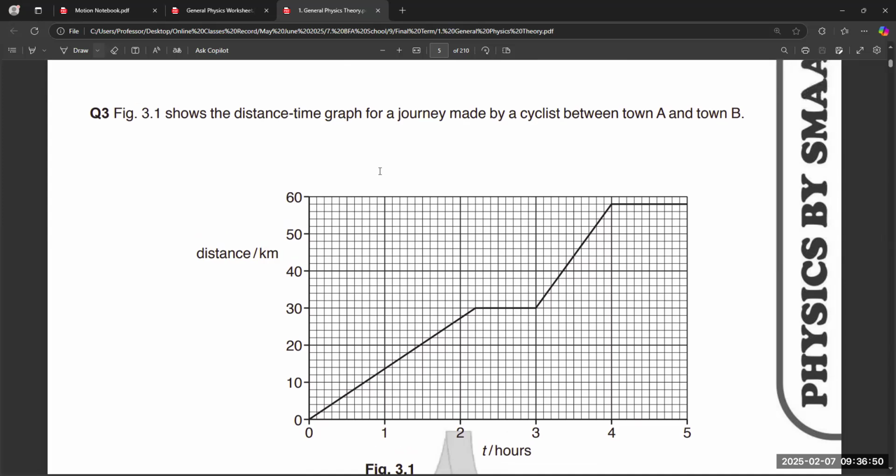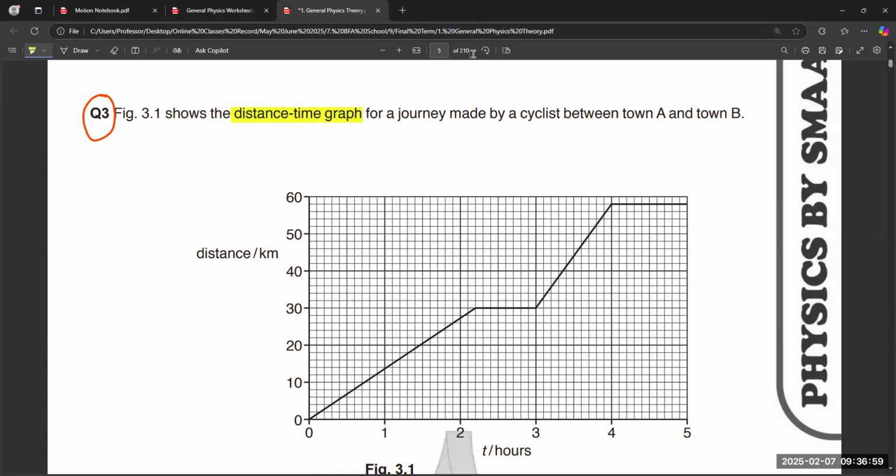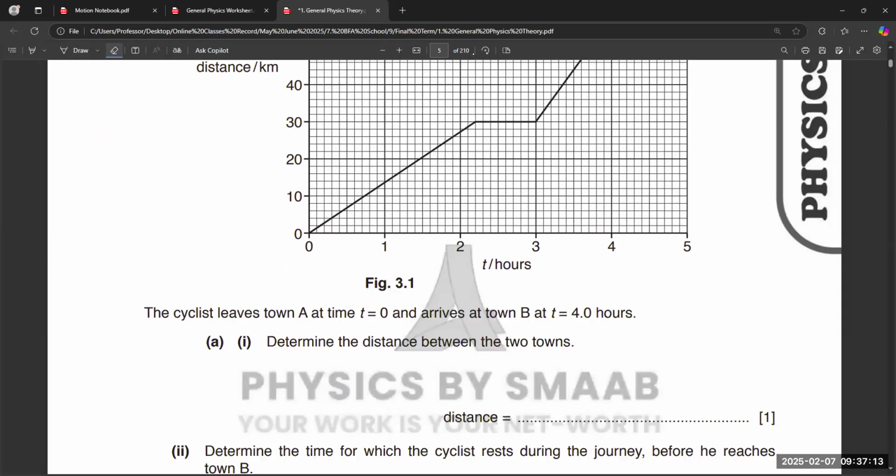The distance time graph is given, and it is the graph for the journey made by a cyclist between town A and town B. The cyclist leaves town A at time t equals 0, and arrives at town B at time t equals 4 hours.